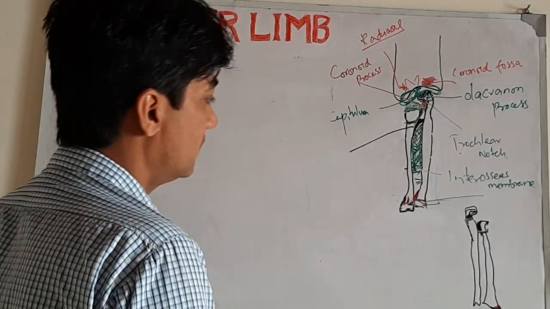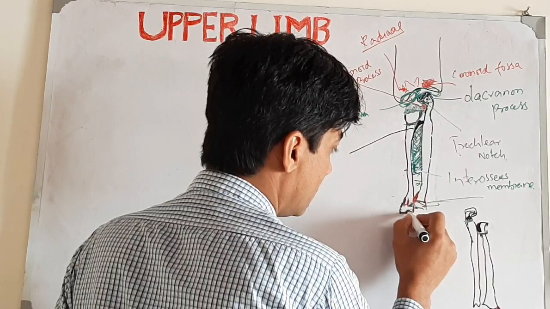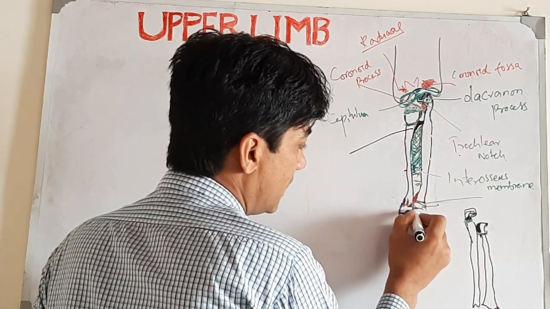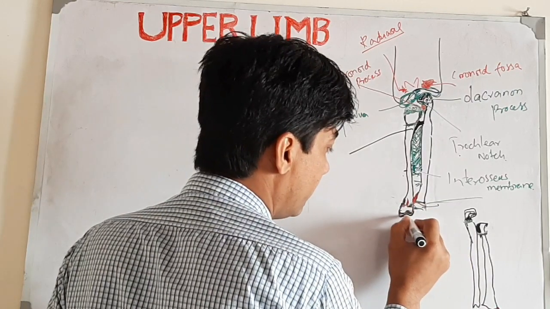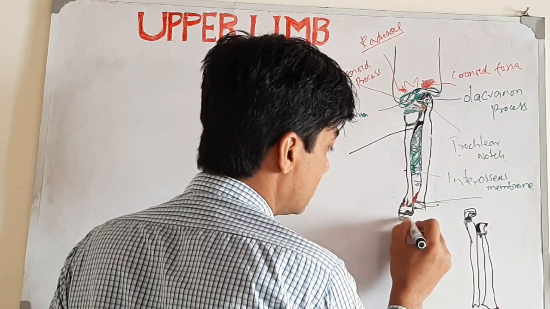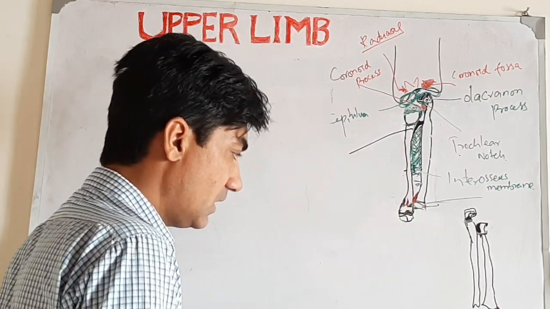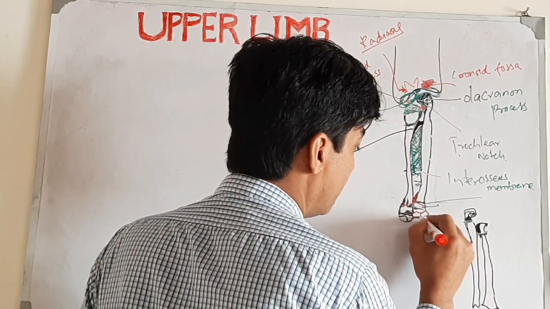In the carpus region, there are 8 bones in 2 rows. At the distal part of radius, there is an articular surface. Here 2 bones are attached. One is scaphoid and second is lunate, triquetrum and pisiform.